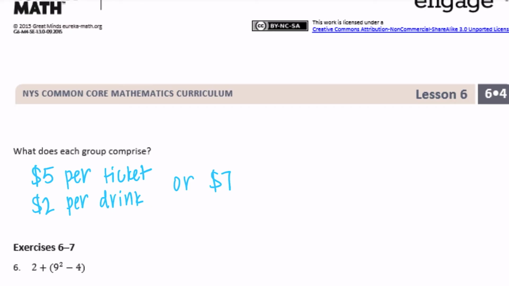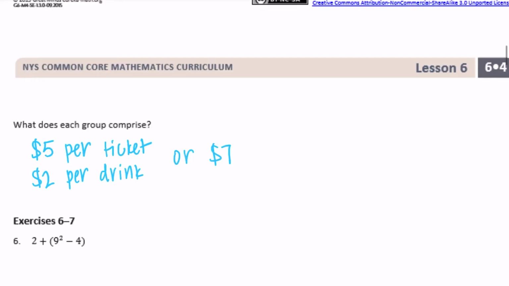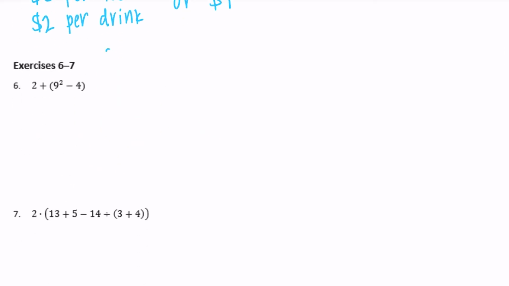Exercises 6 through 7. So now they're throwing it all at us. We have the grouping, the exponents, the multiplication, division, addition, and subtraction. So we're going to start with grouping. We have parentheses right there, so that tells us we need to do this problem first: 9 to the second power minus 4.